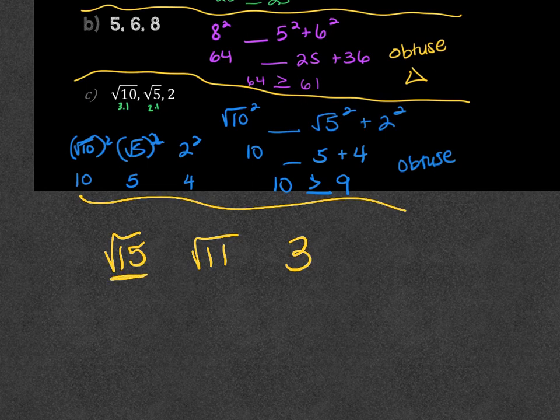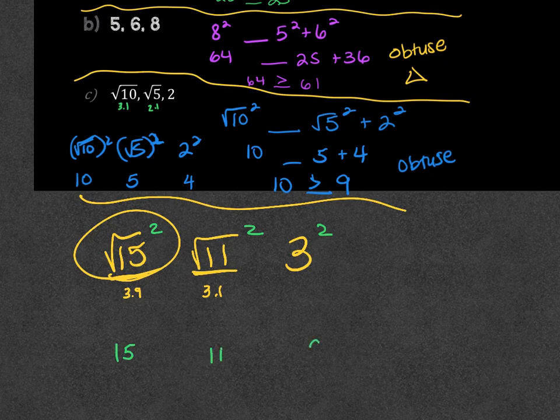This is closest to square root 16, which is 4, but that's a little bit less. So let's say this is 3.9. This is closest to square root 9, which is 3. This is a little bit bigger, like 3.1. Now I can identify which one's biggest by that. The other way you can do it is square them all, because I'm going to have to do that eventually anyways. I'd get 15, 11, and 9, and then figure out the biggest.